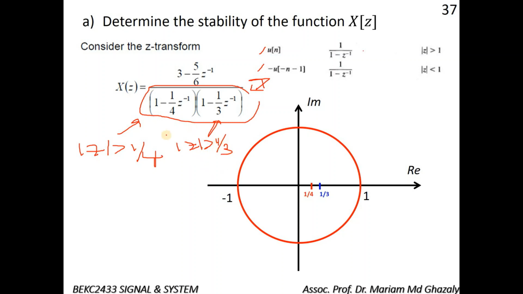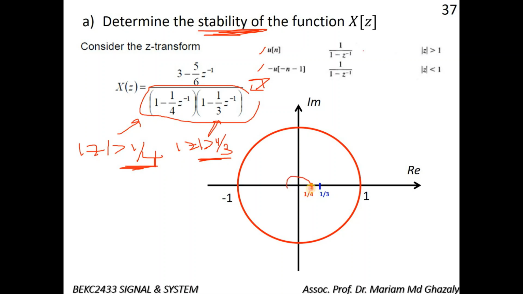Assume it's like this, but for stability, the region of convergence is the overlapping area between these two. You have 1/4 here, you have 1/3 here.